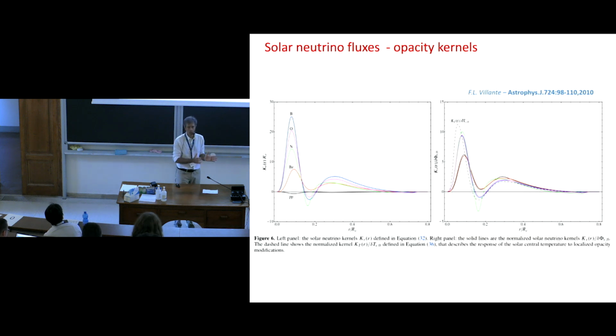They trust them more, okay? But they still have not understood that they cannot change, by an opacity modification, the relative ratio of these two neutrino fluxes, and so the neutrino measurement is potentially independent of any possible variation of the opacity profile of the low Z abundances. Okay.